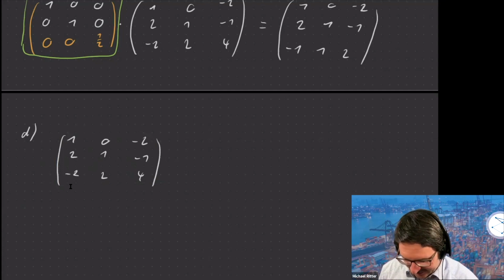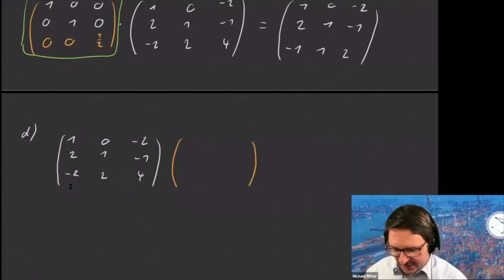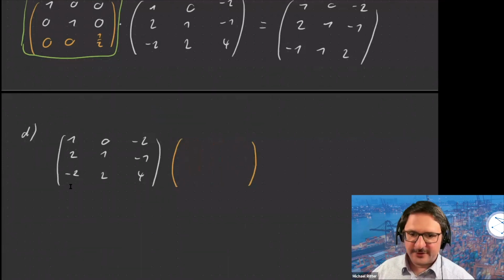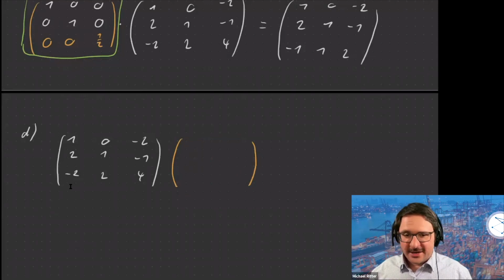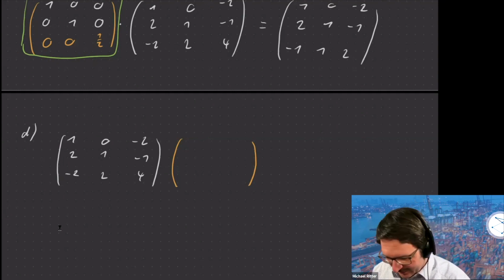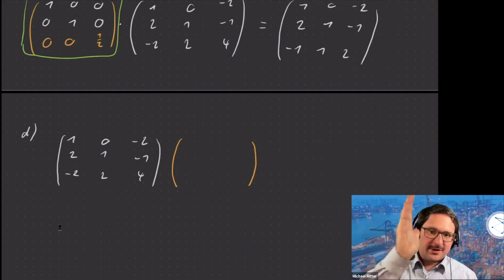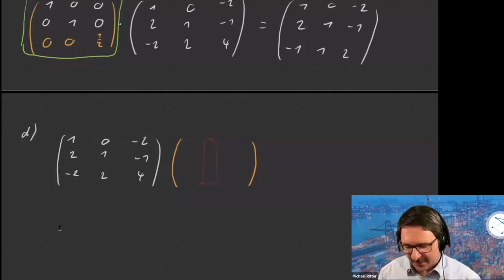So what we do now is, each column of this matrix here will produce 1 column of the result. We want the second column to be multiplied by 2. So what do we have to do to obtain this? Well, the second column of the result is produced by the second column of that right-hand side matrix. So we need to put something suitable in here.